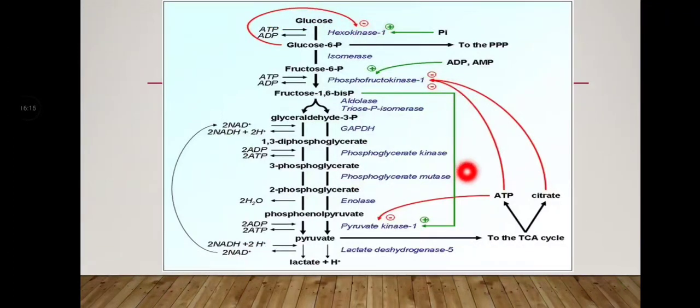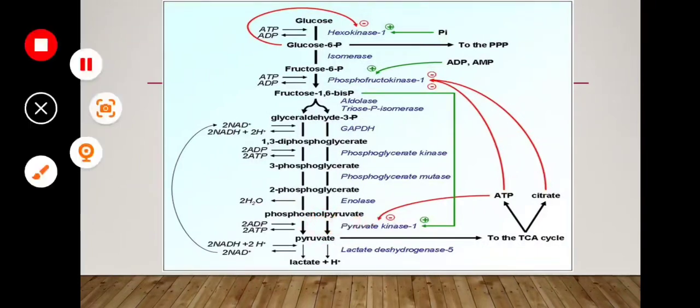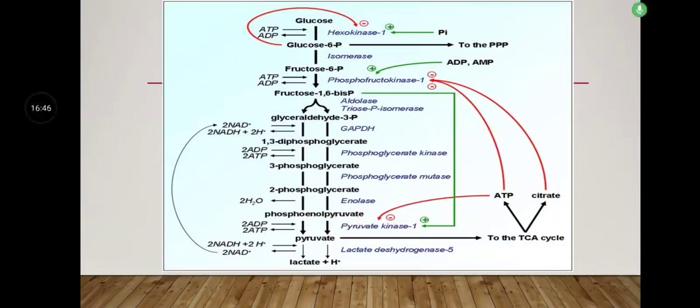And this is just pointers to the regulatory steps. As you can see there, the main and the final step is the conversion of phosphoenolpyruvate to pyruvate. The first step can be stimulated by inorganic phosphate, which will stimulate the hexokinase enzyme.